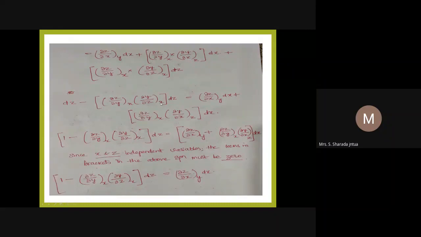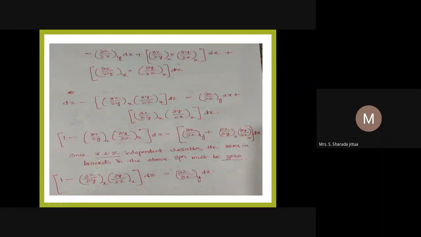Afterwards, whatever the z terms are, I'm moving to the LHS, and the x terms I'm moving to the RHS, so that I will get a finally simplified expression like this: dz on the left side and dx on the right side.